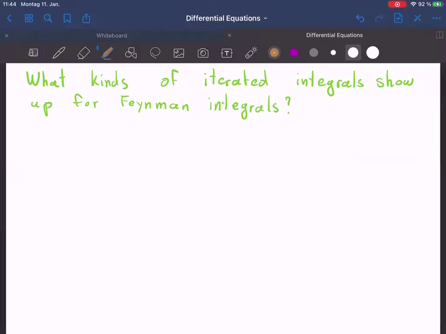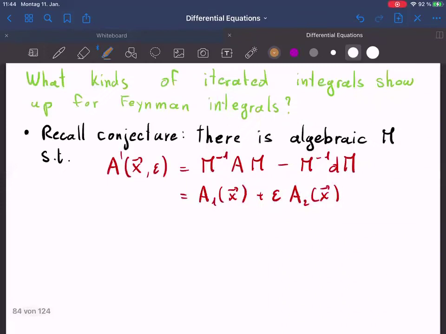Okay, so then you can ask the question: if these differential equations lead to iterated integrals, what kind of functions show up in the answer? In order to get a feeling for that, recall that we said, at least conjecturally, you can find some rotation matrix M whose entries are algebraic functions.